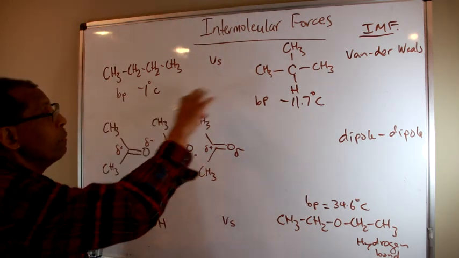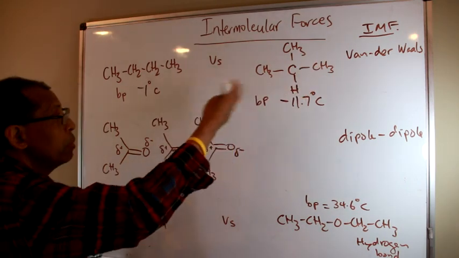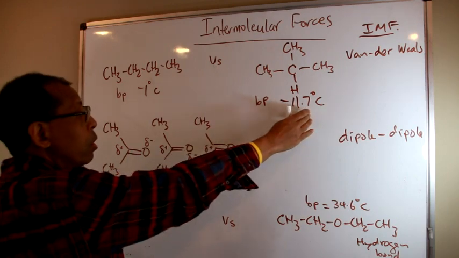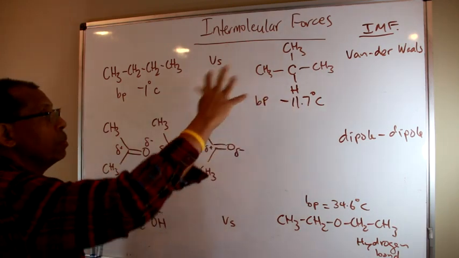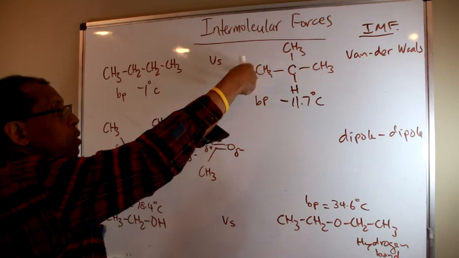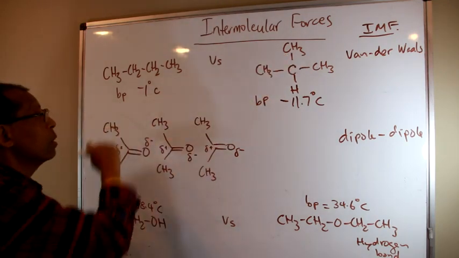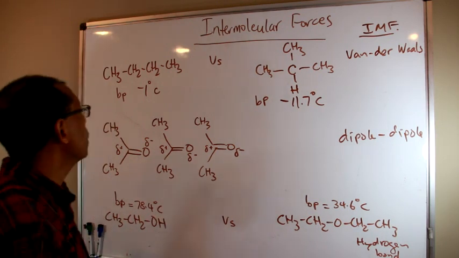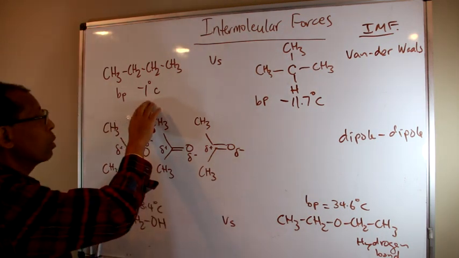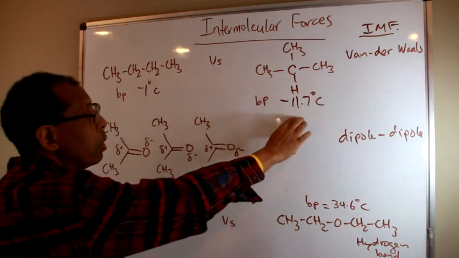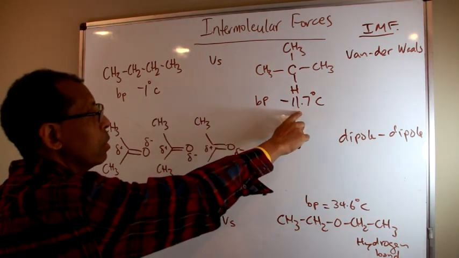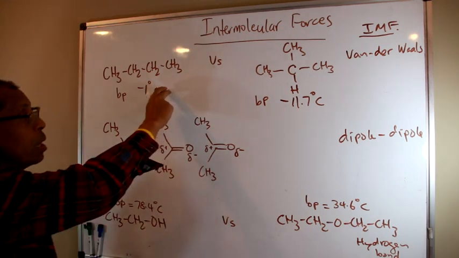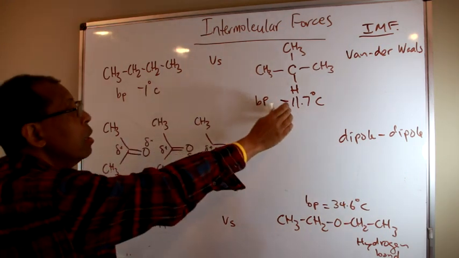So they are both 4 carbon compounds, normal butane and isobutane, a branched butane, branched because the way it's constituted is different, even though they have the same molecular formula. The boiling point here is -1 degree Celsius. The boiling point for this compound is -11.7 degrees. Obviously, this is a much higher boiling point than this one.